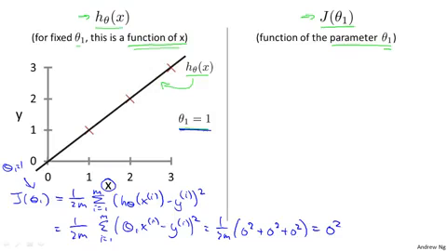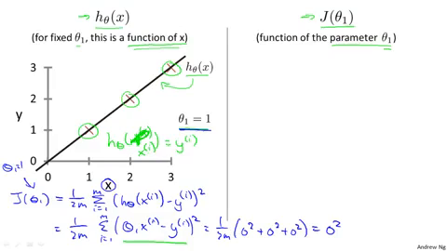Now, inside the cost function, it turns out each of these terms here is equal to 0 because, for the specific training set I have, where my 3 training examples are at (1, 1), (2, 2), (3, 3), if theta 1 is equal to 1, then h of x_i is equal to y_i exactly.